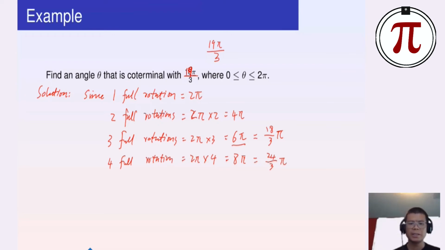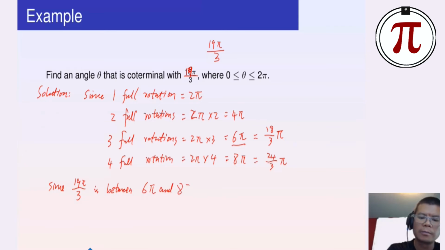So you can see that 19 pi over 3 is between 3 full rotations and 4 full rotations. Yes? Okay. Since 19 pi over 3 is between 6 pi and 8 pi.